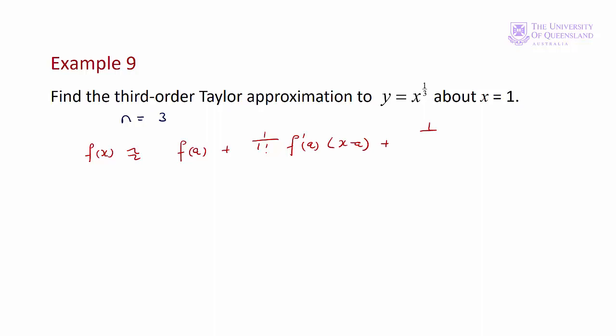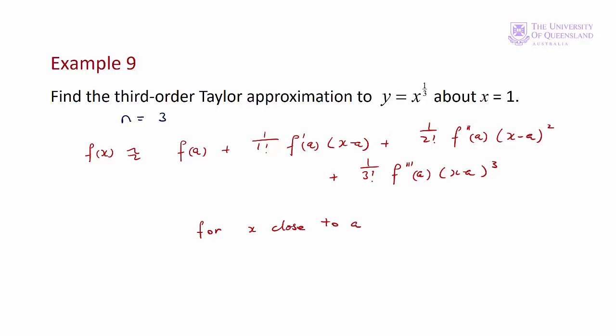Well, that's 1 on 2 factorial times the second derivative evaluated at a times x minus a squared. And for the third order polynomial we add one more term, 1 on 3 factorial times the third derivative of our function evaluated at a times x minus a cubed. And that's for x close to a.